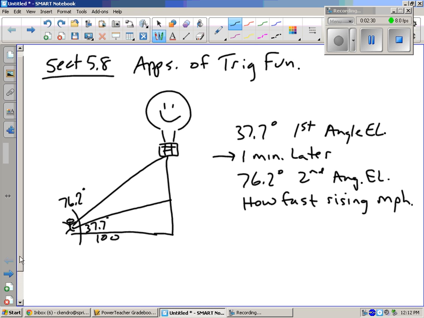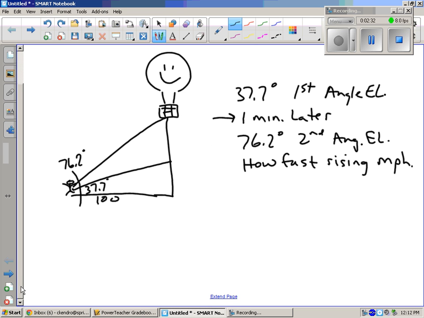Let's look at our picture here. I have two different triangles. The first thing I'm going to do is find A. The second thing I'm going to do is find B, because what I really want is C, because we started timing right here. From here to here, for C, was the 1 minute time frame, so that's the part we need.